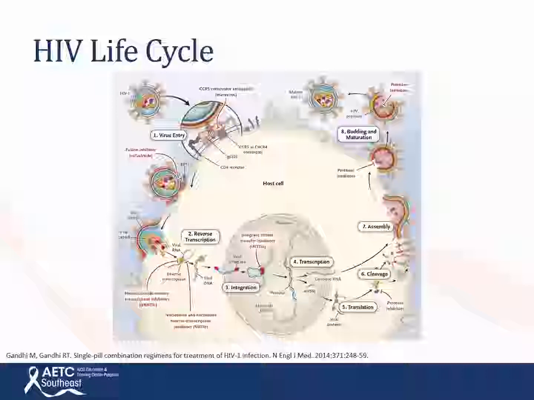The next step is reverse transcriptase, where viral RNA is converted into DNA. Then integration into the host DNA, which is the integration of the viral DNA into our own DNA. Then viral transcription and translation, and finally assembly of the virion and budding, where this new DNA gets packaged into miniature viruses and is cleaved off of the T cell. And then these new viruses go on to infect other CD4 T cells, and this T cell dies.